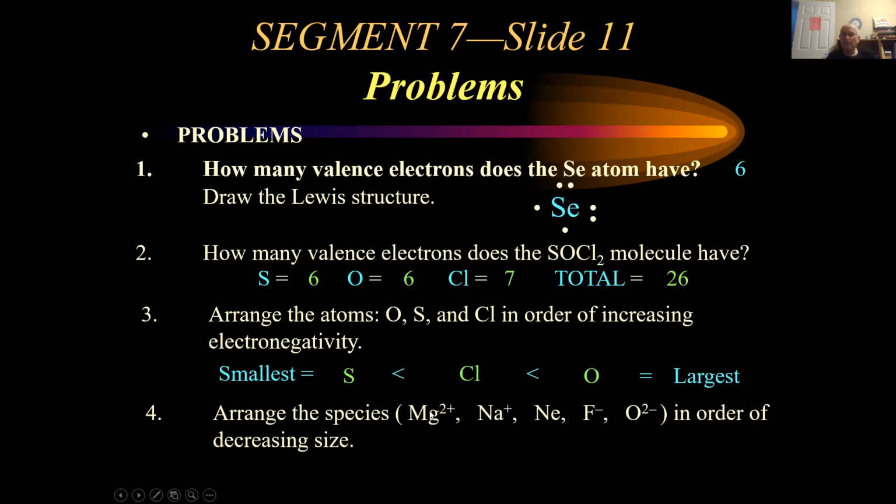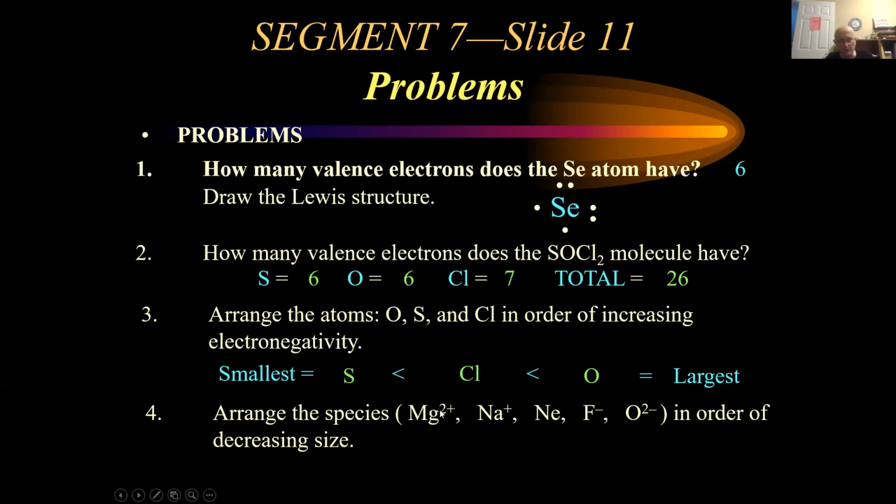Now, if I'm dealing with size, this is an example that has charged species. And if you look at each one of these, all of them have the same number of electrons as neon. So you've got magnesium +2. Magnesium's in group 2A.